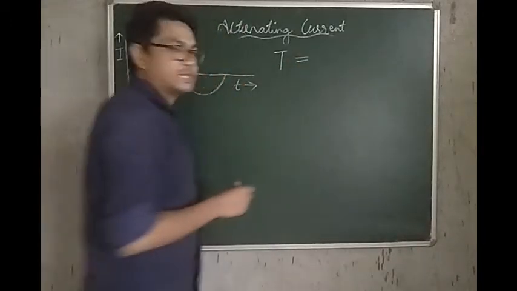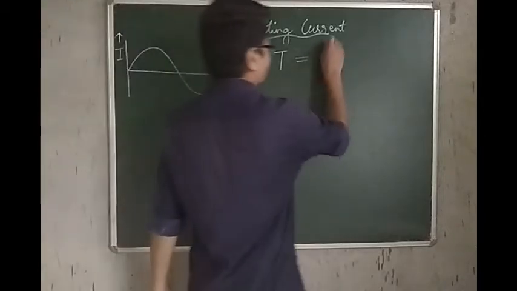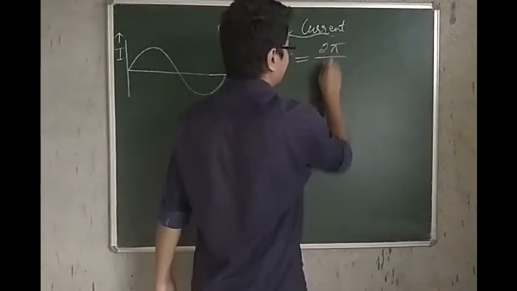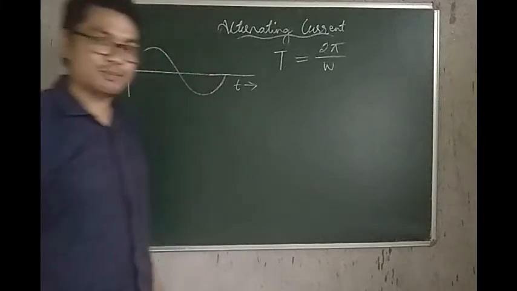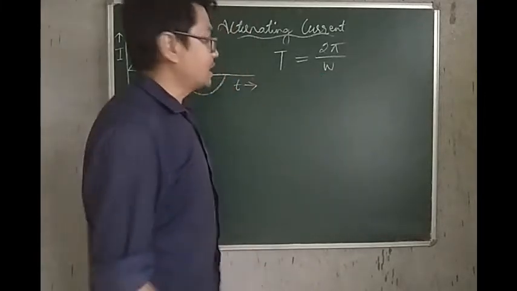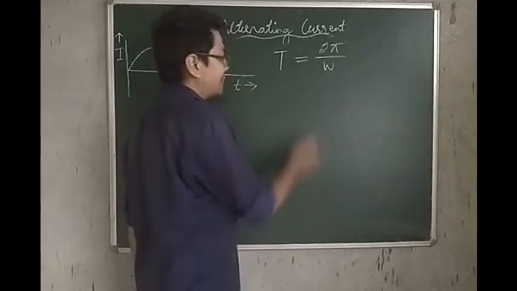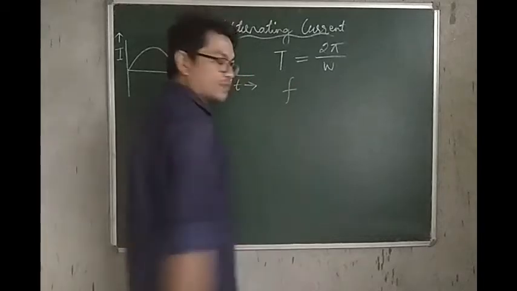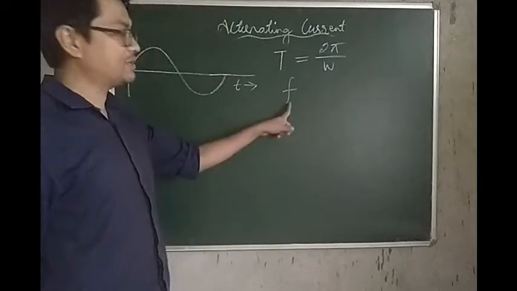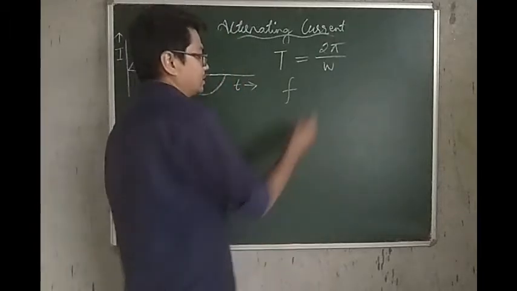In case of an alternating current also, we talk about time period. Time period is given by 2 pi by omega. So the relation between time period and angular frequency is T equals 2 pi by omega. Do not get confused between omega, which is the angular frequency, and your frequency denoted by a capital F. This is simply frequency, this is angular frequency, mind you.